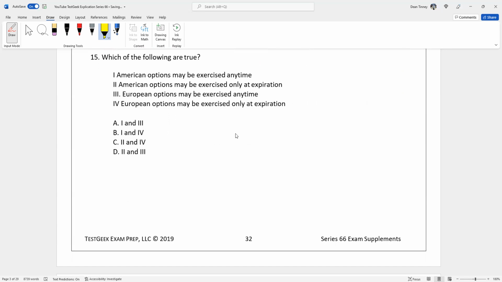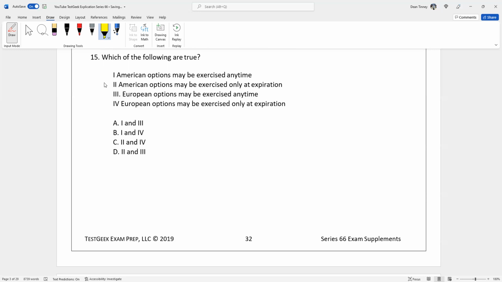This is 2022, but the content is current. I could have just as easily put up the version of this that says 2022. NASAA is notorious for not updating exams. So if I bump into a question that is different from the 2022 version in Brian's practice final versus this version, I will certainly let you know.